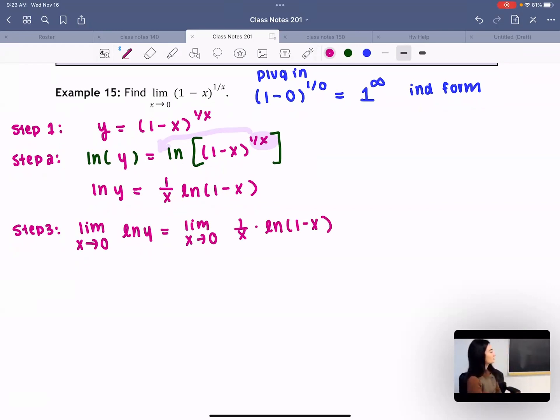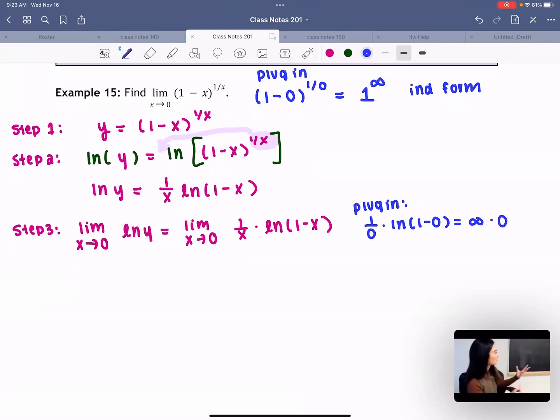Okay. Now, remember, we have to plug in, so let's do that. We have 1 over 0 times the natural log of 1 minus 0. Okay, what is 1 over 0 going to? Infinity. What's the natural log of 1? 0, right? So this is definitely an indeterminate product.